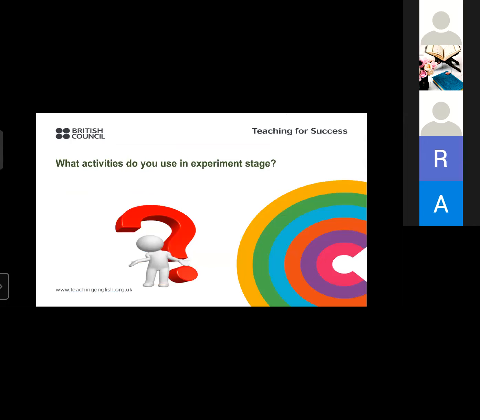Okay, what activities do you use in the experiment stage? So we have some stages. We have the observation stage, we have the hypothesis stage, and the experiment stage. What activities as a teacher do you use in the experiment stage in this lexical approach? Can you tell me?